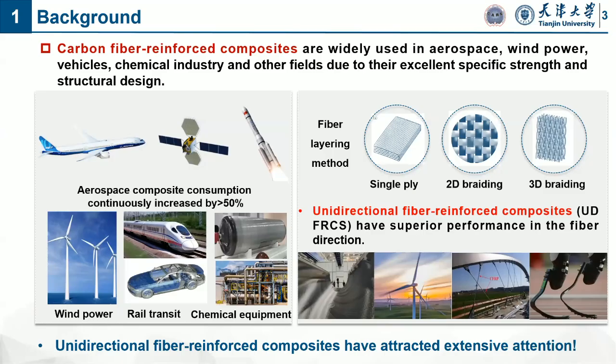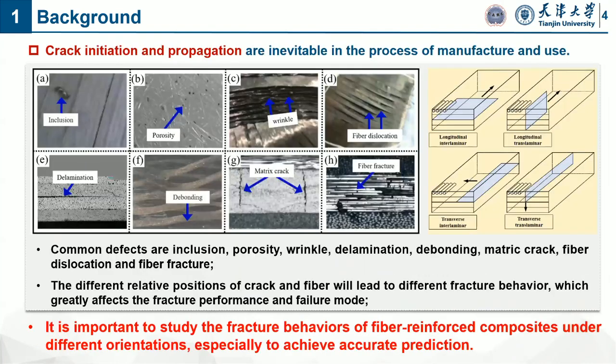As you know, carbon fiber reinforced composites are widely used in industry. There are many kinds of fiber layup methods, but unidirectional fiber reinforced composites, which we call UDFRCs, have superior performance in the fiber direction, so they have attracted excessive attention.